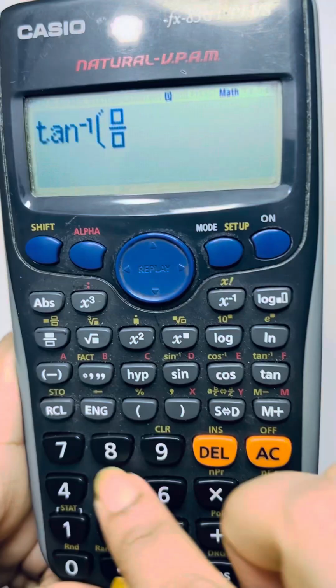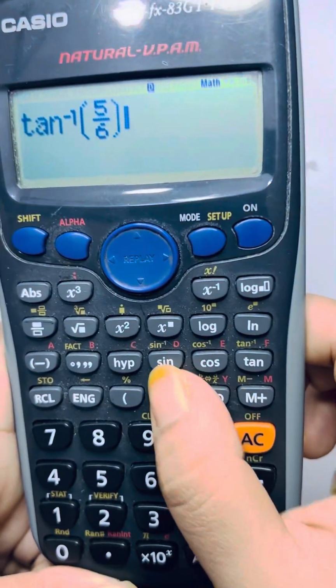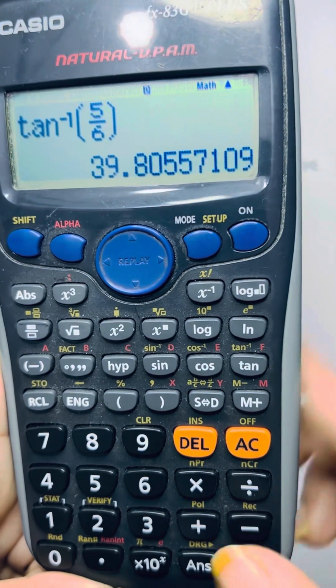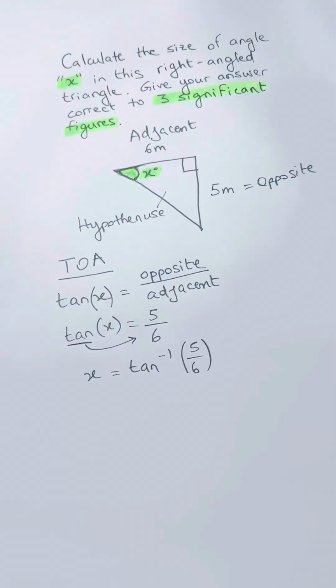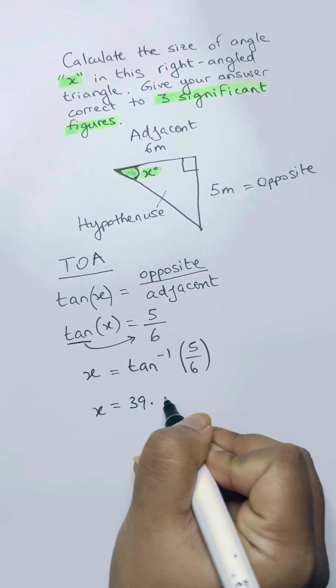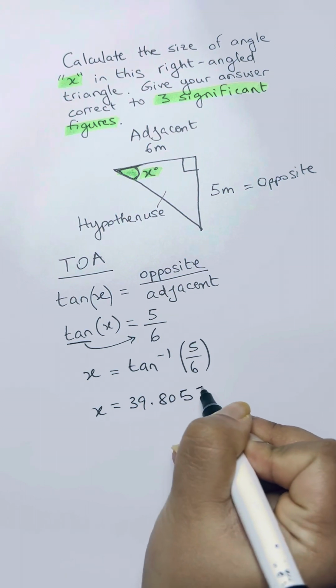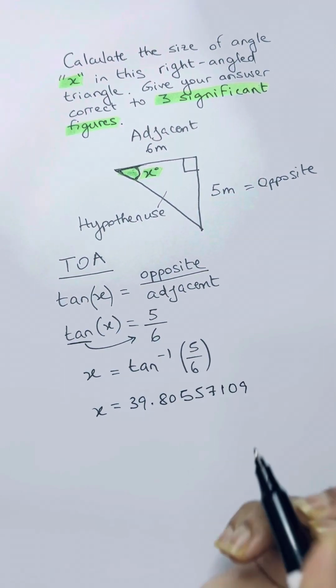Now we have the fraction sign. Okay, this is the answer that we get: x equals 39.80557109.